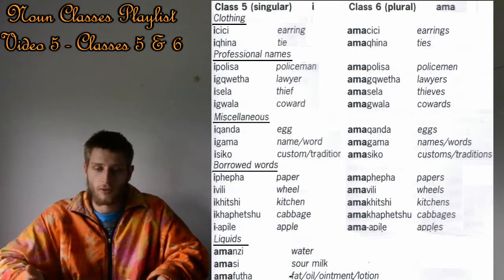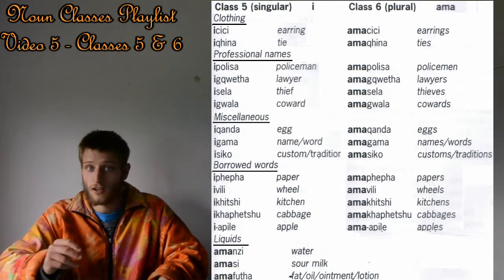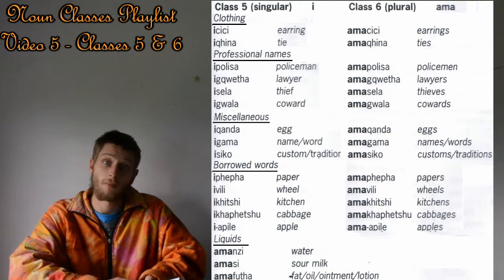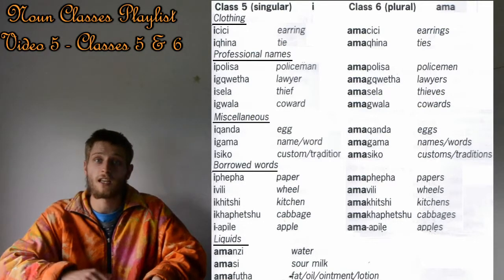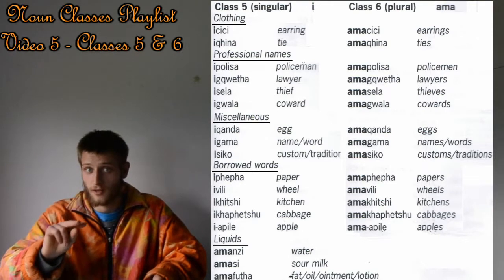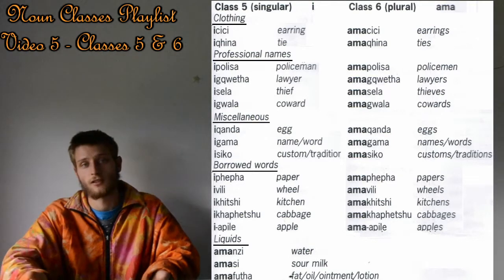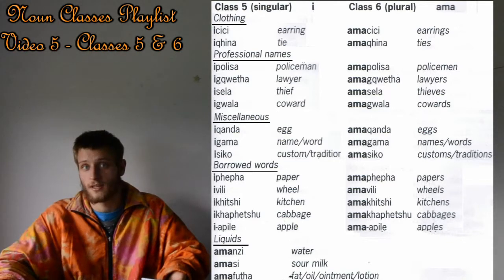But then the plural is itafile. It's not amatafile, it's itafile. So now with these, if you see ipolisa, you might think that the plural is ipolisa, which is a double I, because that's how class 9 and 10 work, and you'll see when we get there.